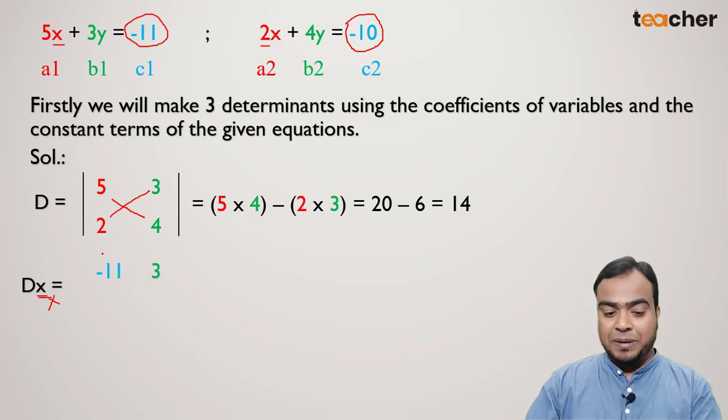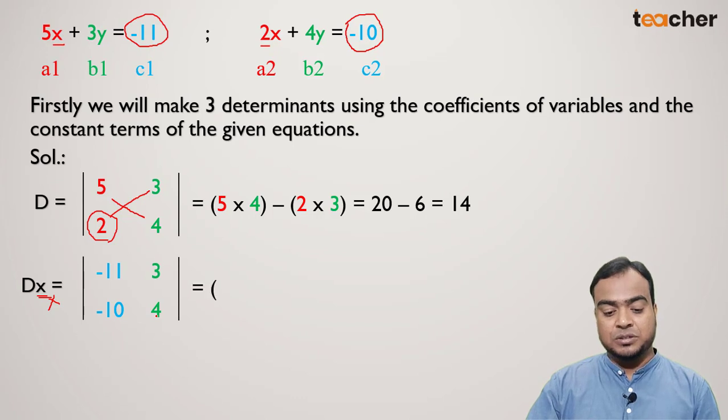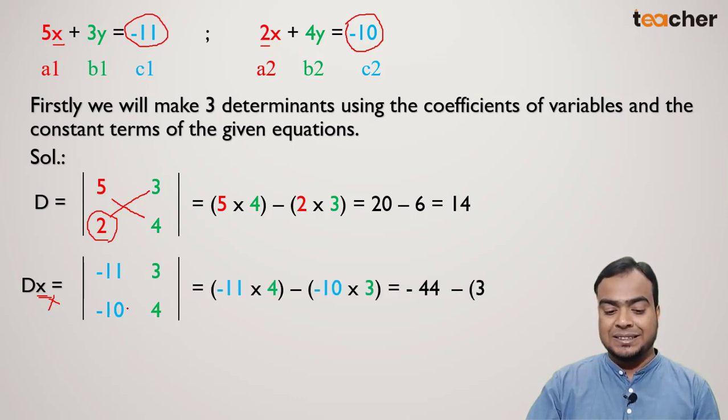So in this way, at the place of the x coefficient we have written minus 11, and this is 3 as it is the coefficient of y, and in the second row the coefficient of x is replaced with the constant minus 10, and the coefficient of y stays as it is, represented within the mod, and we will solve in the same manner, that is minus 11 into 4 minus 10 into 3.